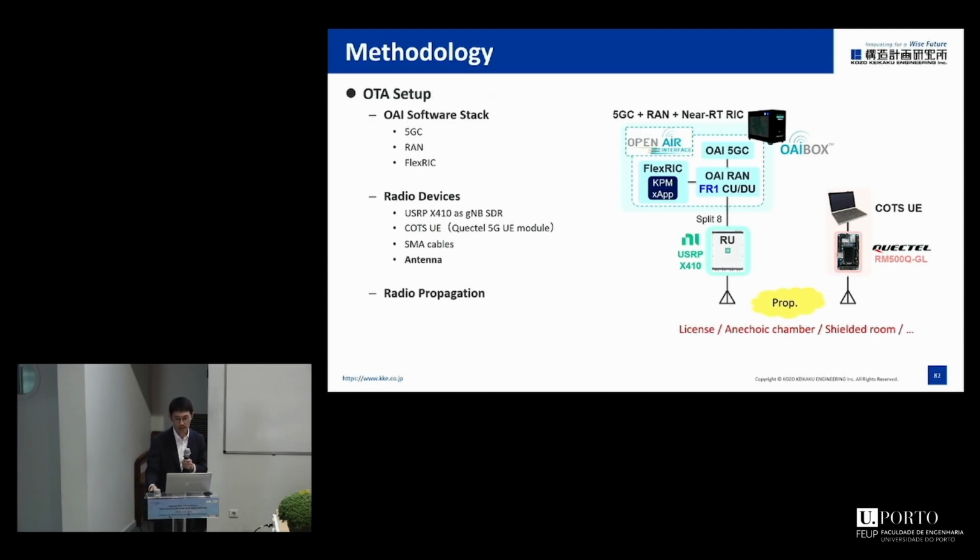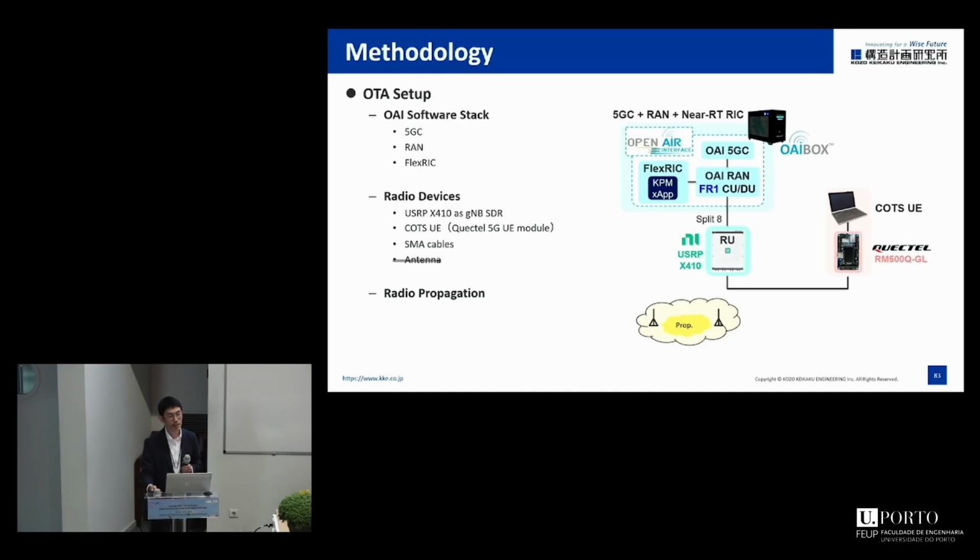If we replace the cable with antennas, this becomes a full OTA setup. But then we need a radio license and/or a controlled facility such as an anechoic chamber, shielded tent, or shielded box. And this greatly increases both cost and setup effort.